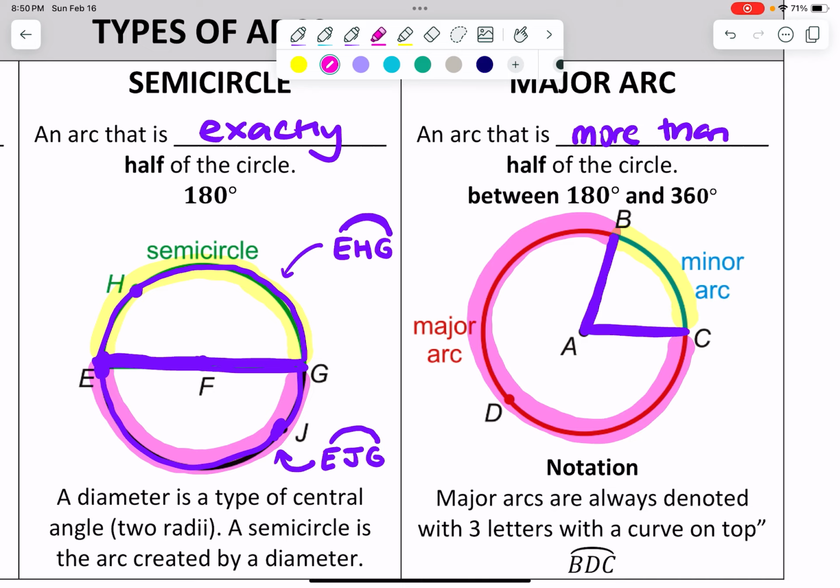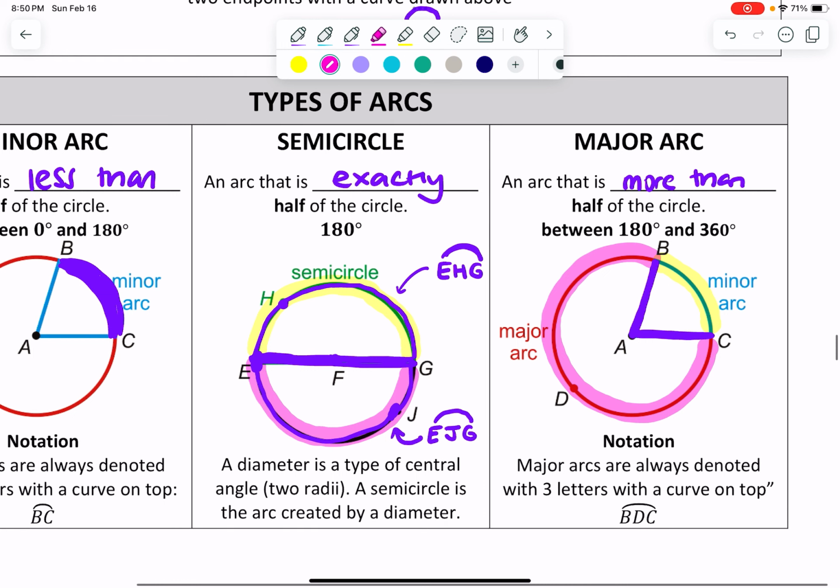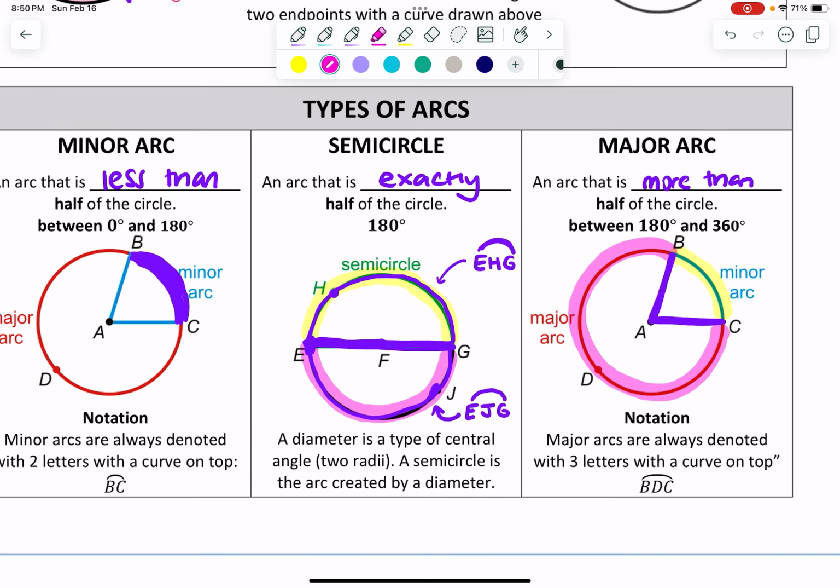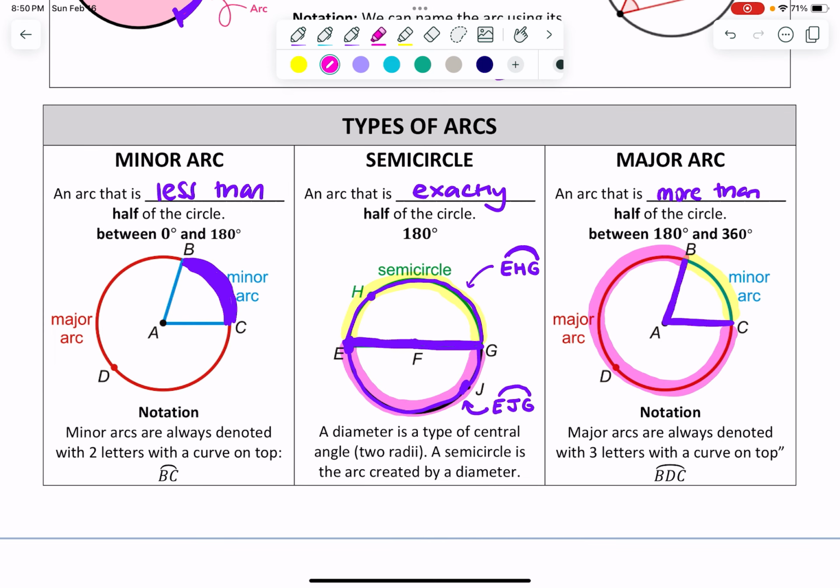It's just going in the opposite direction. Now, kind of like when we were talking about a semicircle, we said we need to have that center letter in the name of my semicircle arc so that I know which direction I'm going. Well, to help distinguish between them, minor arcs are always going to be just the two endpoints with the curve on top, because that's the assumed shortest distance between those two endpoints.